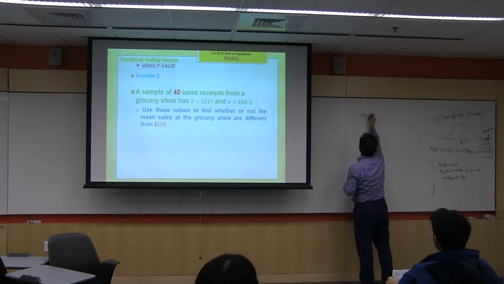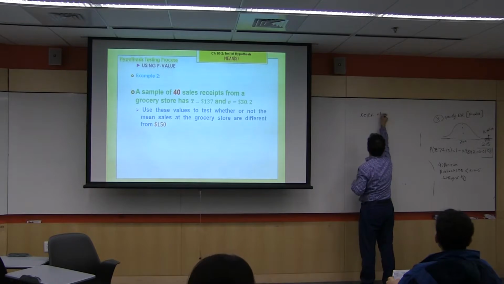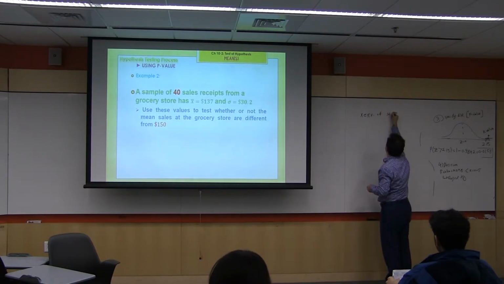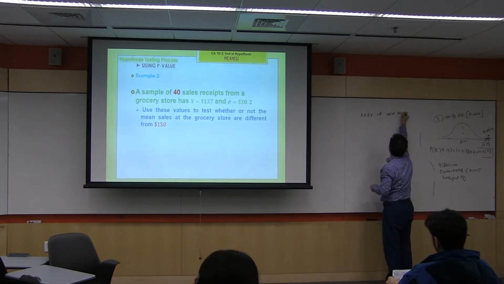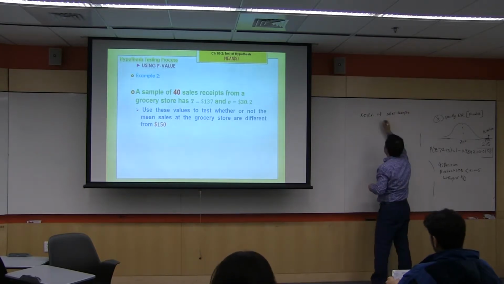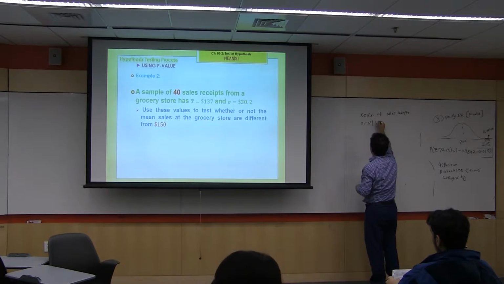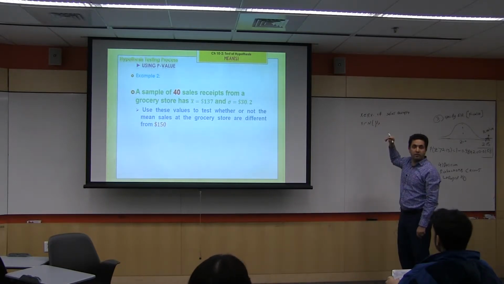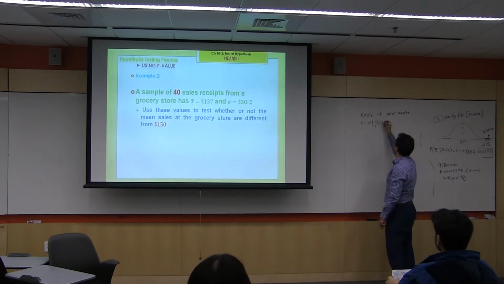X again is a random variable of sales, the sales receipt, and X has a normal distribution with unknown mu, but a standard deviation of 30.2.